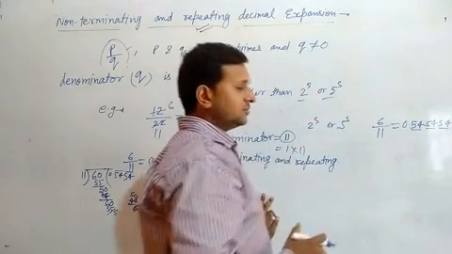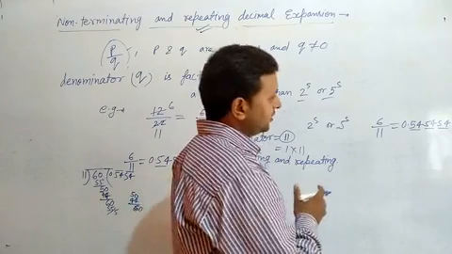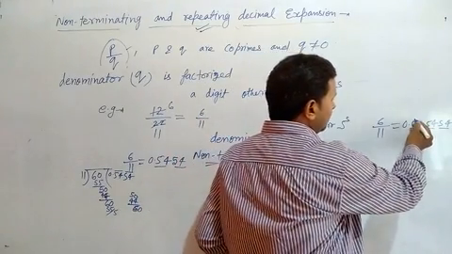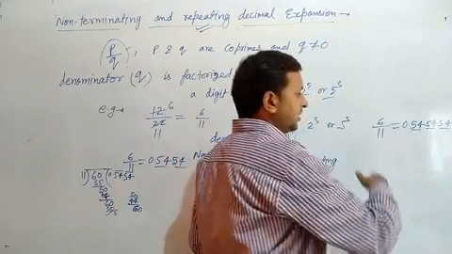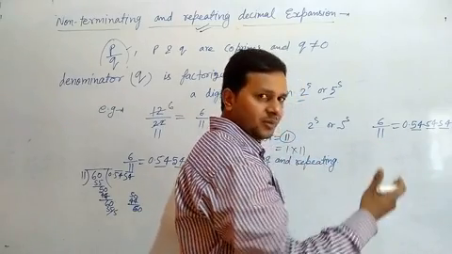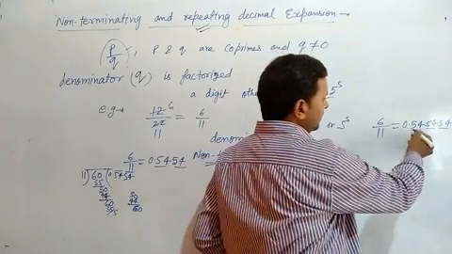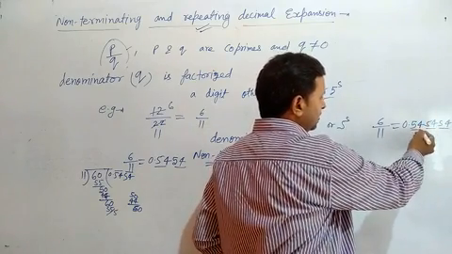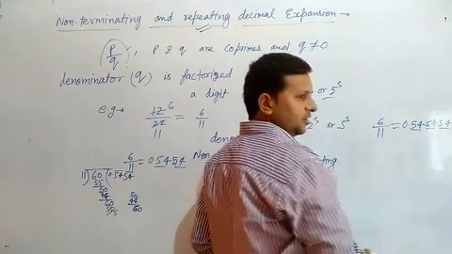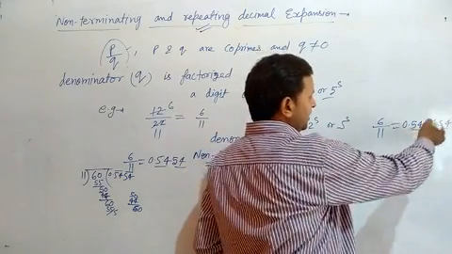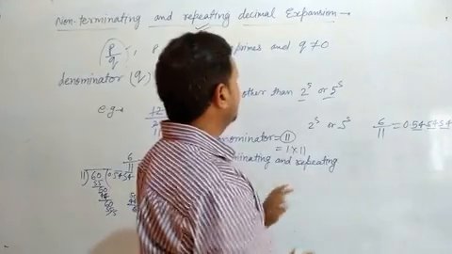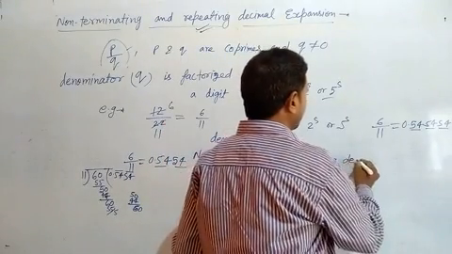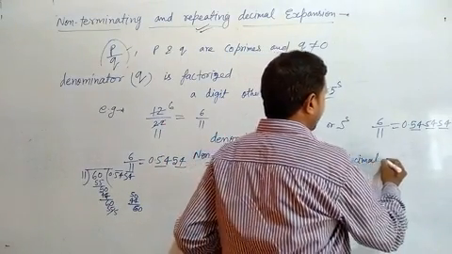It is necessary to understand that not only one digit can repeat, it can be repeated in pairs or triples. We have to see whether one digit is repeating again and again, or two digits, a pair, are repeating. If a pair is repeating, then it is also called repeating decimal expansion.